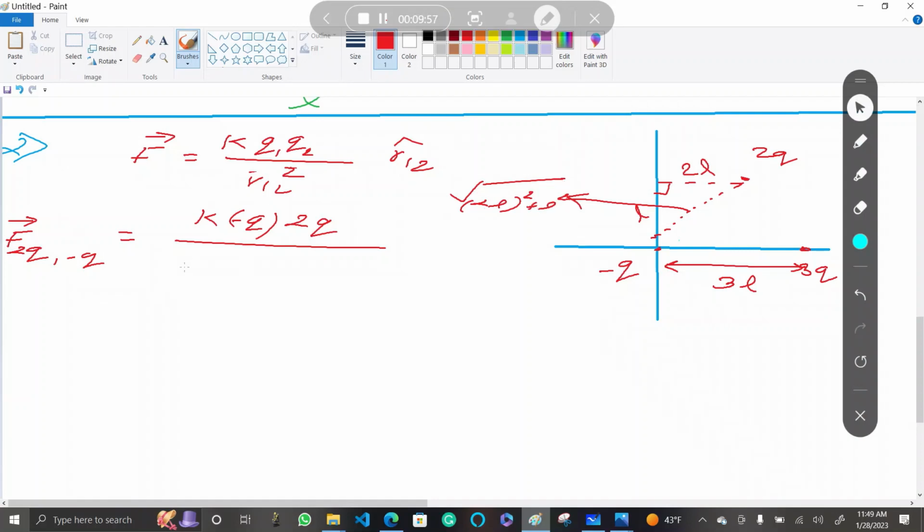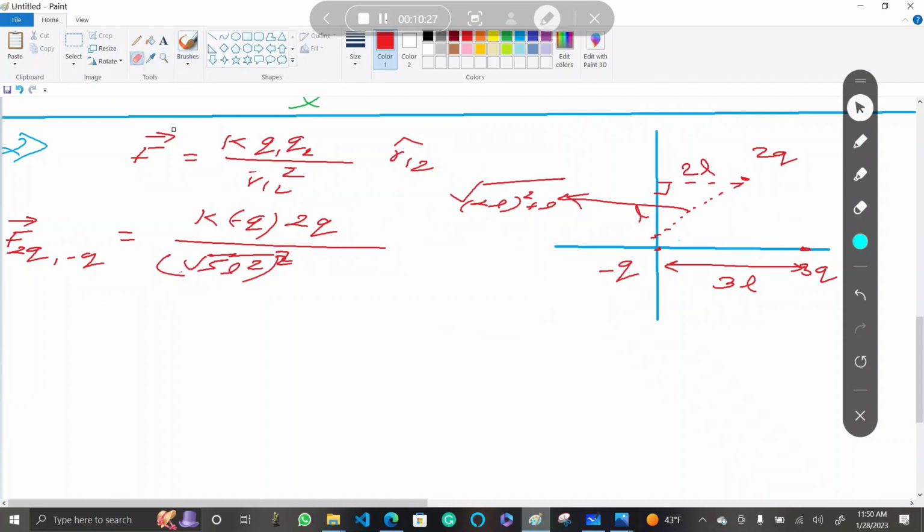This gives me the distance as root under 5 L square, and the direction is from this to here.